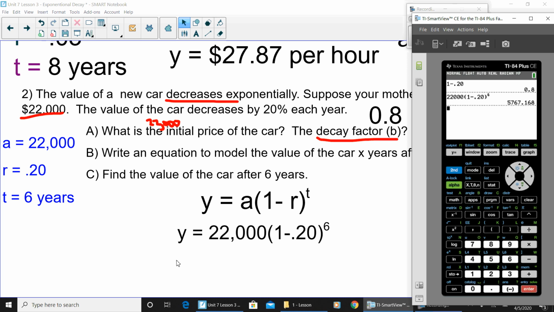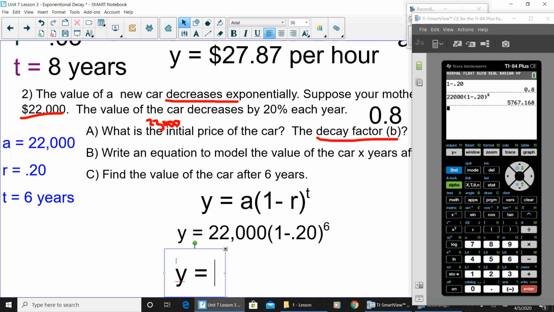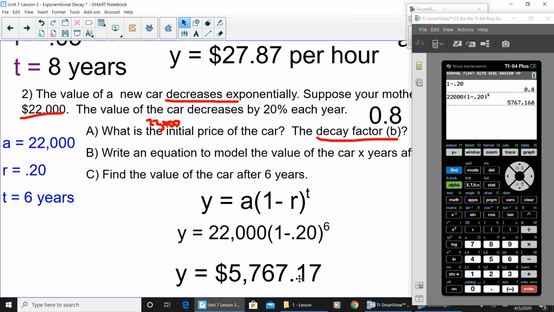So that's how much Y equals: 5,767.17. And that's about it.